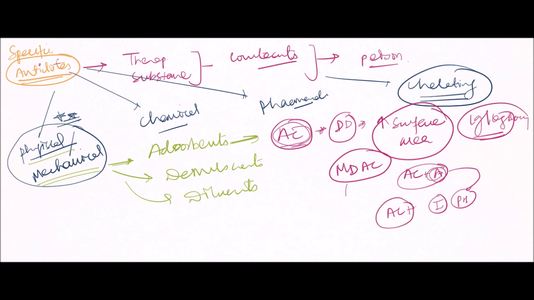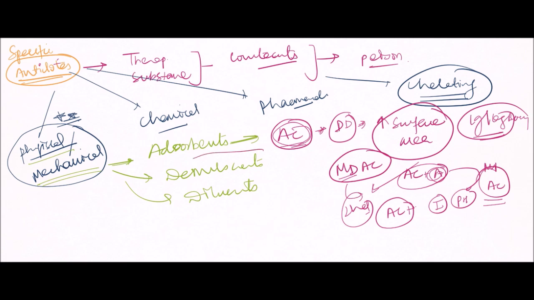So we have to give a second or third dose of activated charcoal to maintain the required concentration of activated charcoal in the intestine. That's why there is the concept of multi-dose activated charcoal, given in multiple doses.